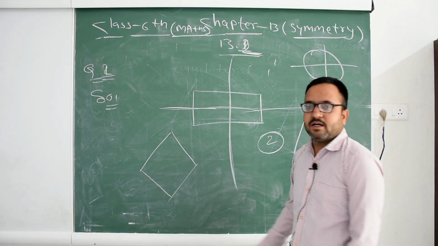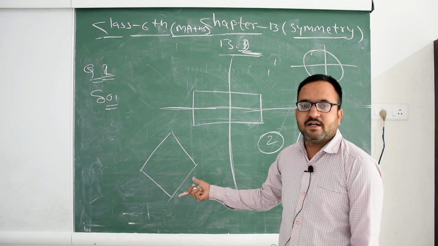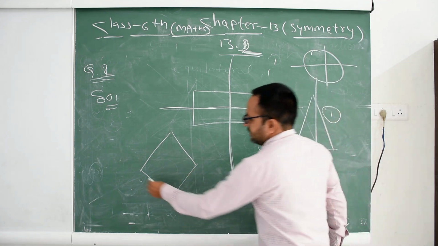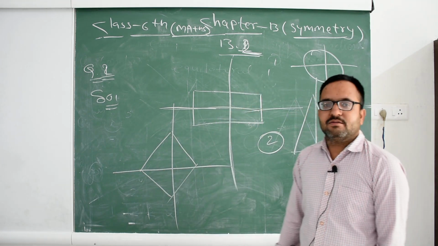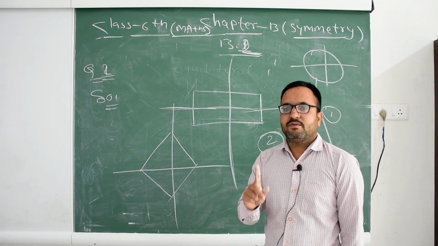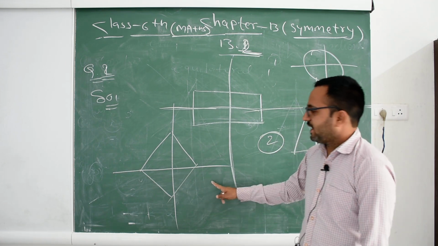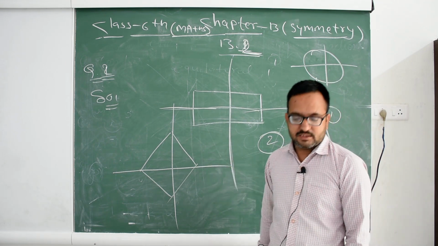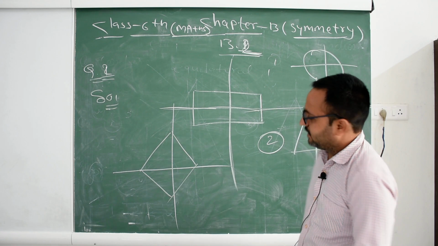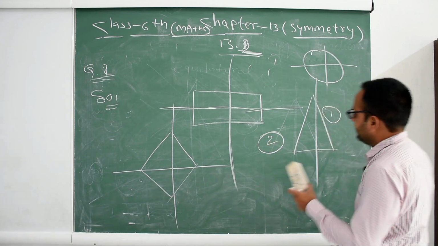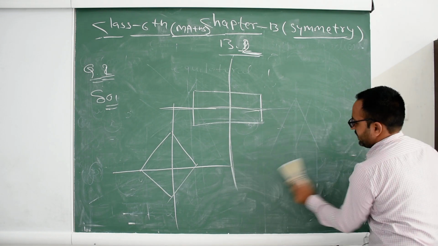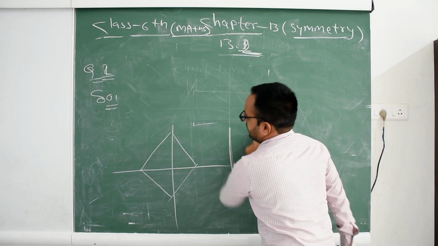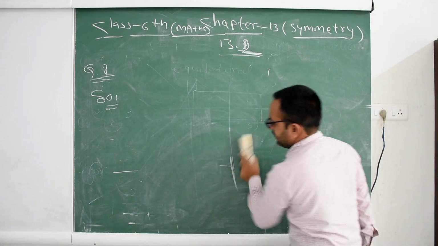Now rhombus, okay, a rhombus is like a square. Okay, so 1 and 2, how many lines of symmetry? 2. Only 2 lines of symmetry we draw in a rhombus pattern. Now circle, okay, a very interesting concept of line of symmetry in a circle. How many lines of symmetry can we draw in a circle?